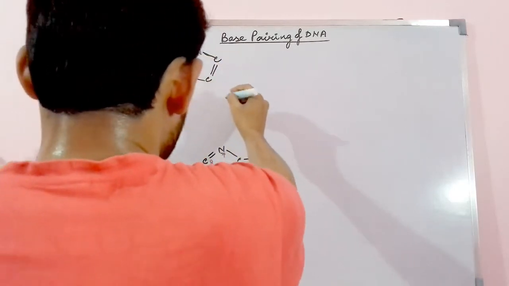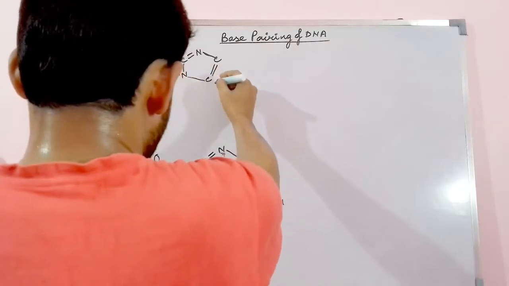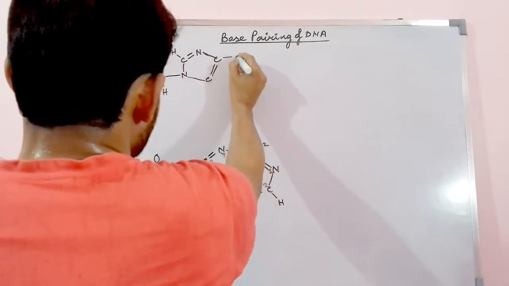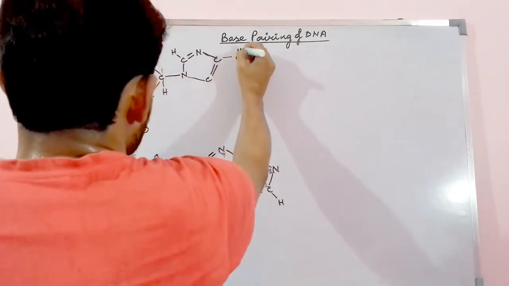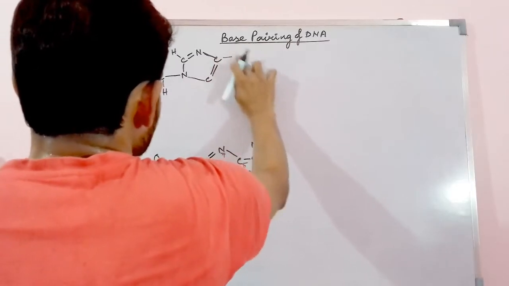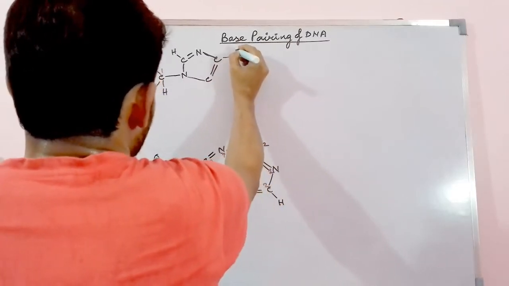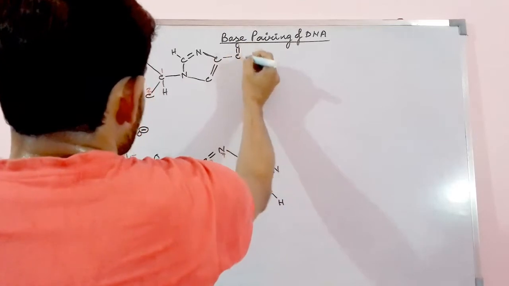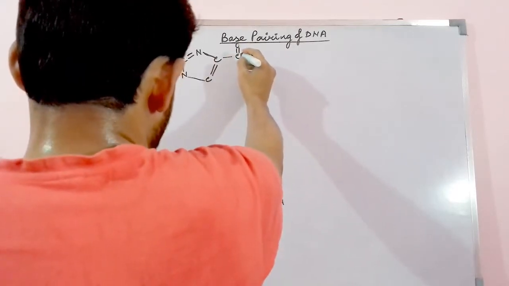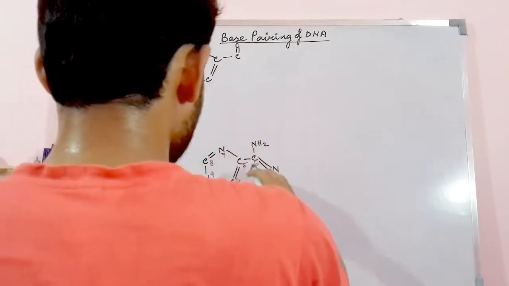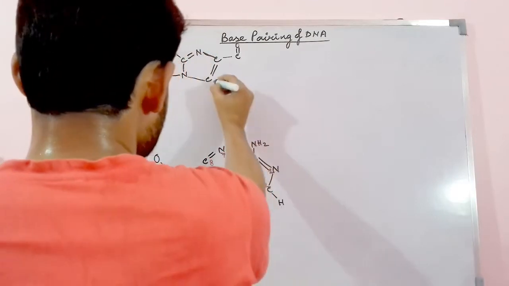Okay, and along with this there will be a carbon atom which will be having a double bond O, and unlike this there is a certain difference here.